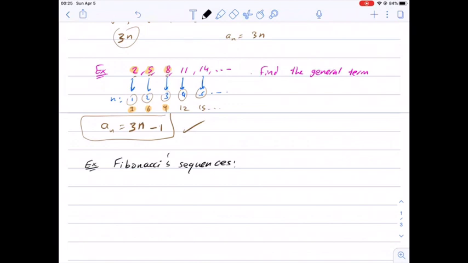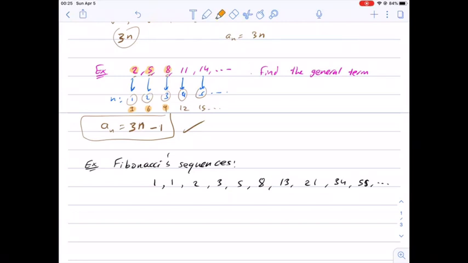This sequence consists of the following numbers: 1, 1, 2, 3, 5, 8, 13, 21, 34, 55, etc. Now the question is, is there some relationship between these terms?